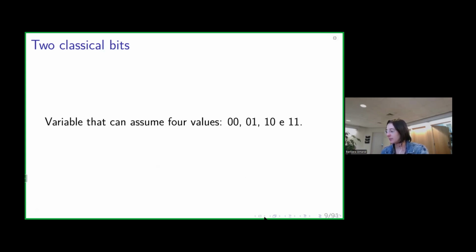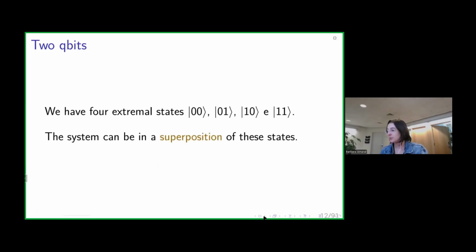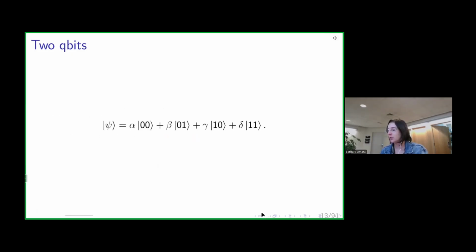And now if we think about the same thing, two qubits will have four extremal states that will be an orthonormal basis for the Hilbert space. So here we have a basis with four elements, so we are thinking about C4. And the general state is a superposition of these states, so we will have something similar to this here.